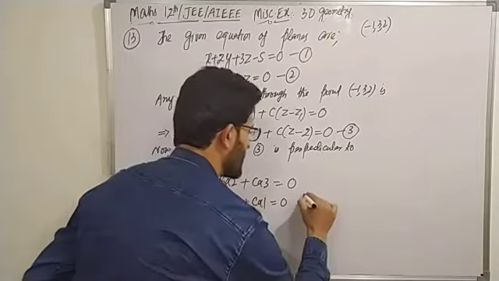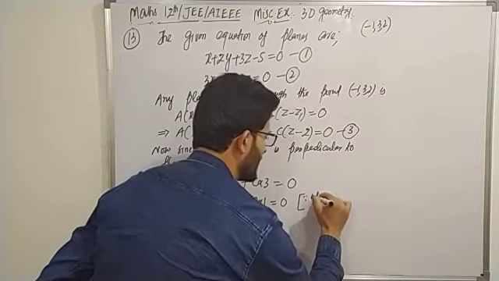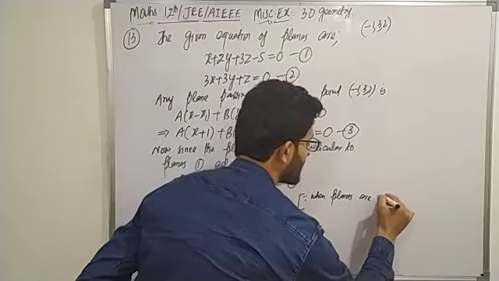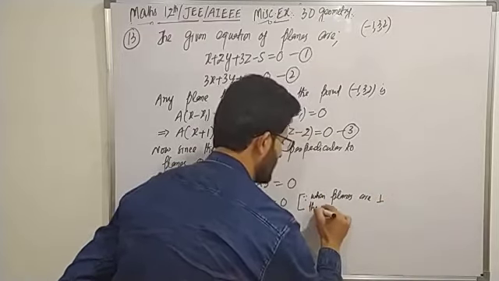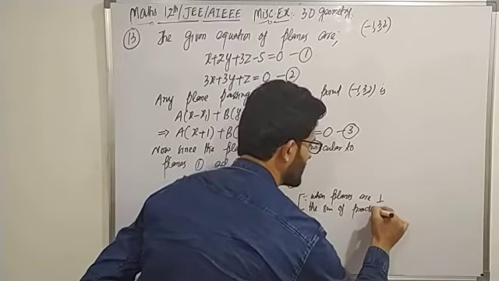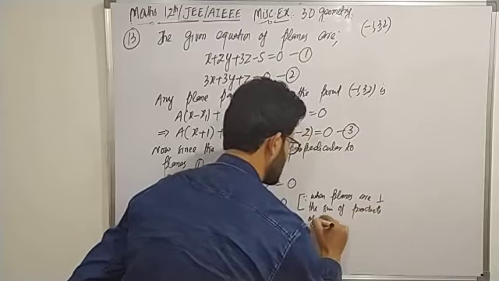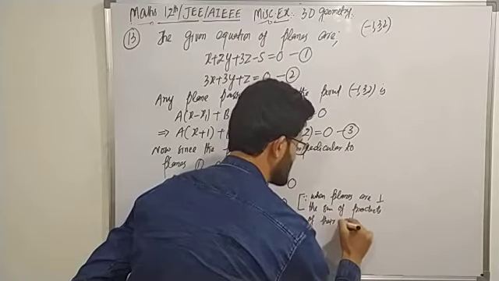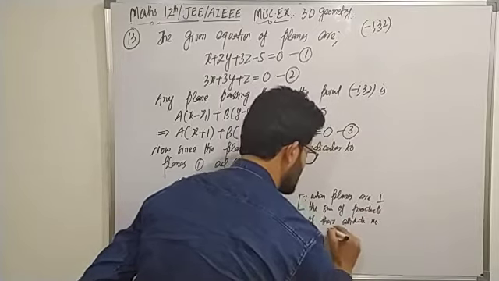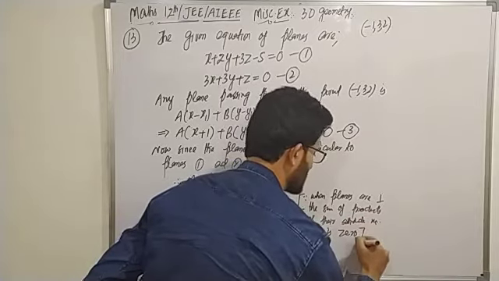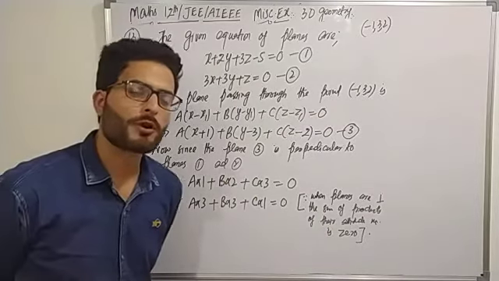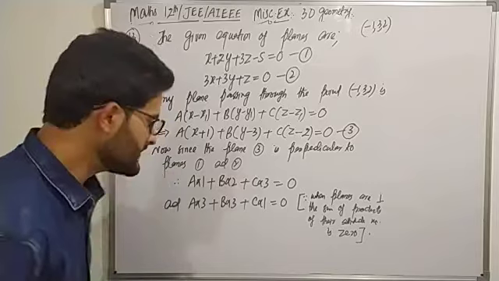Why? Because when two planes are perpendicular to each other, the sum of products of their attitude numbers is 0.